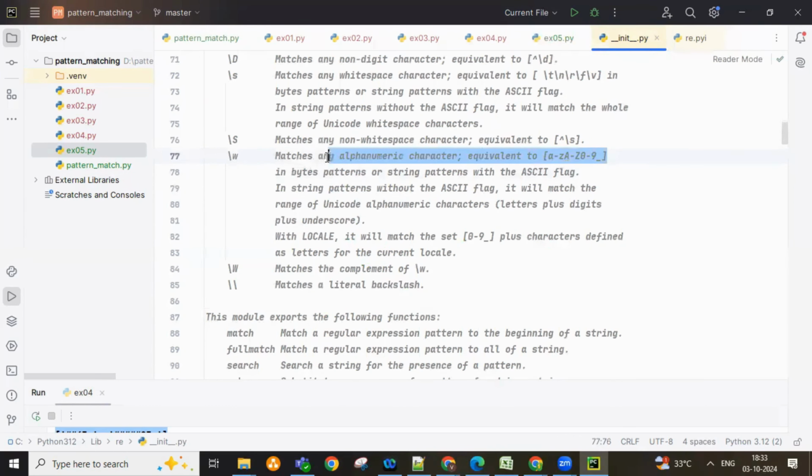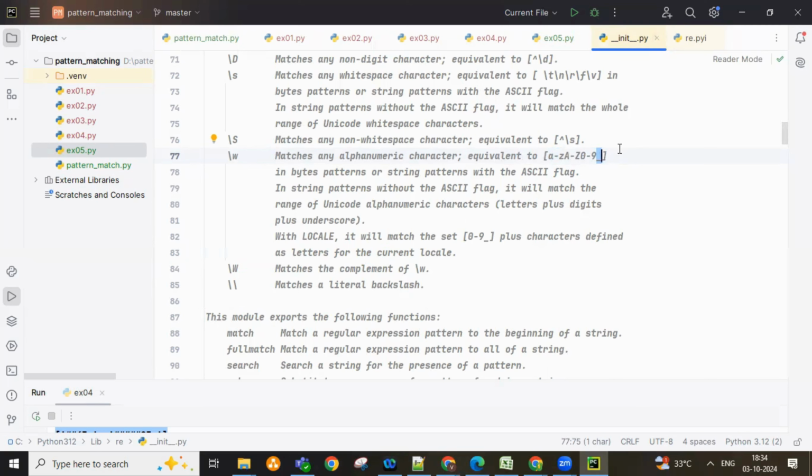Guys, clear? So in general, it matches anything uppercase, alphanumeric, and also underscore. It matches with anything.